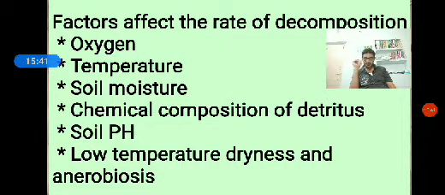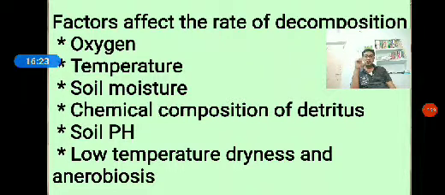The next one, the acidic pH of soil decreases the rate of decomposition. The acidic nature of the soil will not enhance the decomposition process. Alkaline or neutral soil enhances the decomposition process. The next one, low temperature, dryness, and anaerobiosis inhibit decomposition.